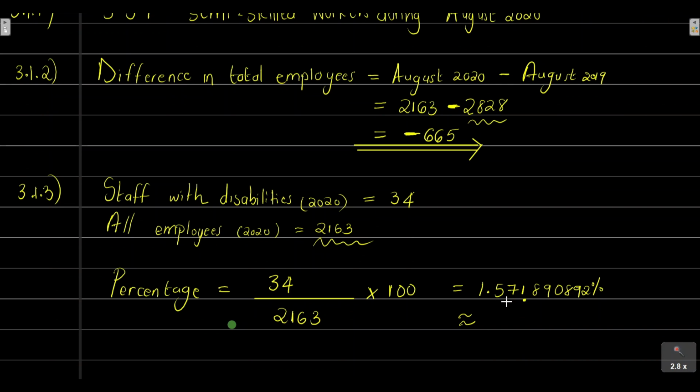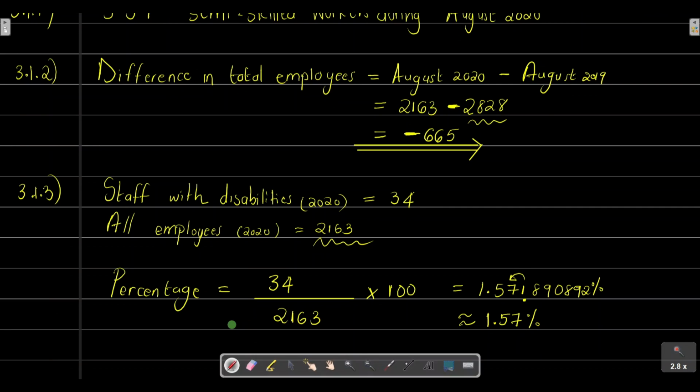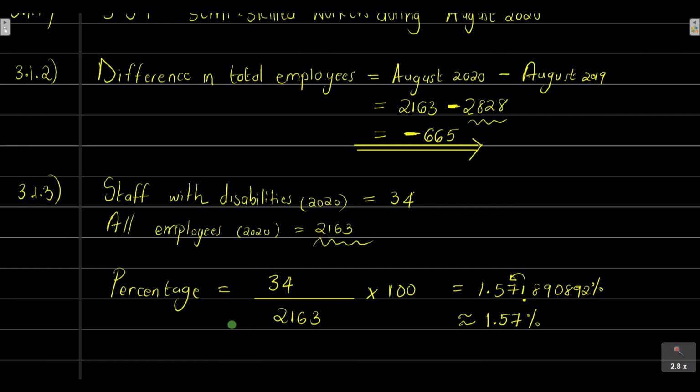That means we're going to keep this value the same. We're not going to change it. So it's 1.57%. That is the percentage of the staff with disabilities. They had 1.57% of staff with disabilities in 2020.